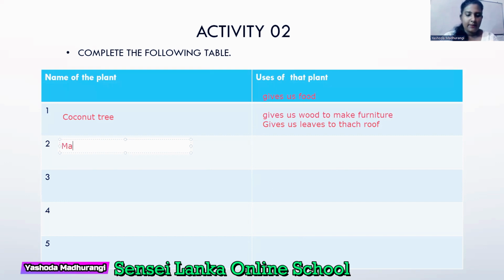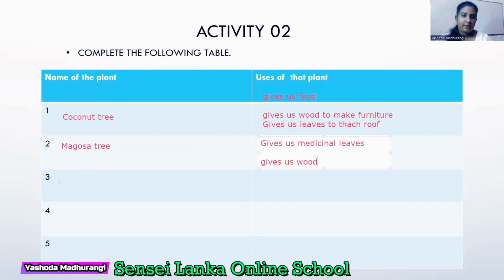Another example, margosa tree. It gives us medicinal leaves. Gives us medicinal leaves. Gives us wood to make furniture and to construct buildings. Gives us shade, makes the environment cool and clean.